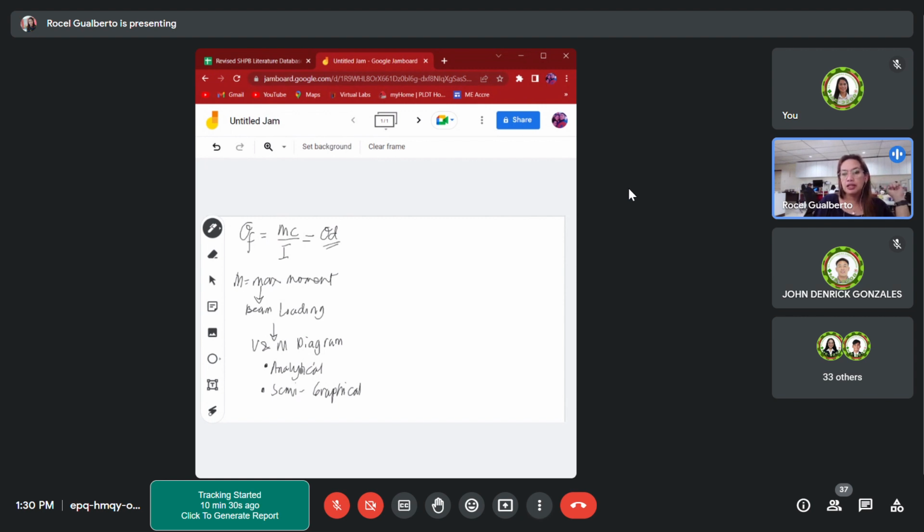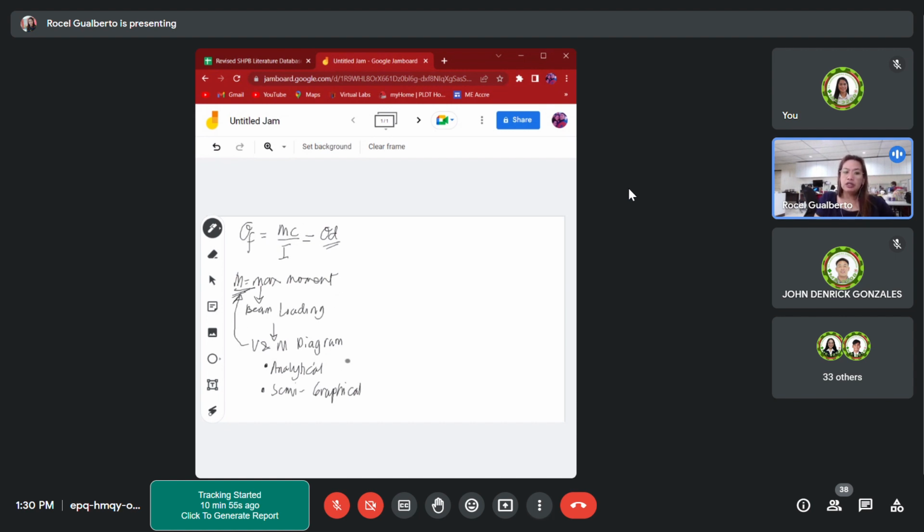Alin ba yung inaasahan nating sagot dyan? We have to yield there the maximum moment. From this diagram po, makukuha po natin dyan is the maximum moment. Kahit alin po sa dalawang method na ito, pwede po natin gamitin at dapat parehas lang yung maging sagot.